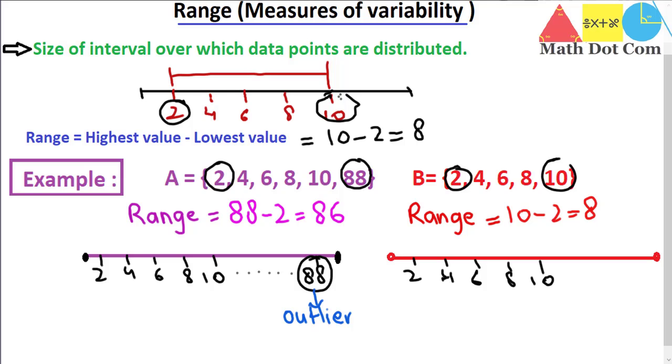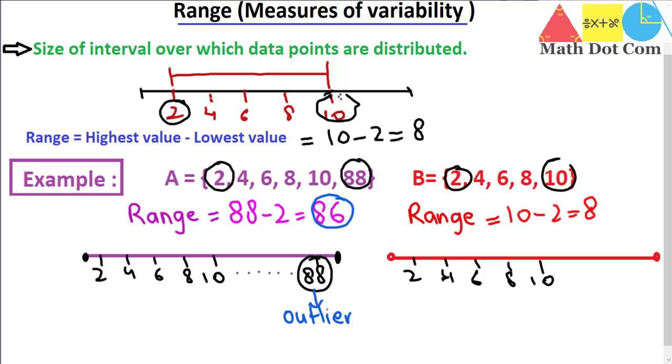This is a single score lying far away from the rest. So this range, 86, is basically a misleading range, because we cannot say that most of the values lie within this range. Most of the values lie within a range of 10, that is 2, 4, 6, 8, 10. So 86 is not a very reliable value.